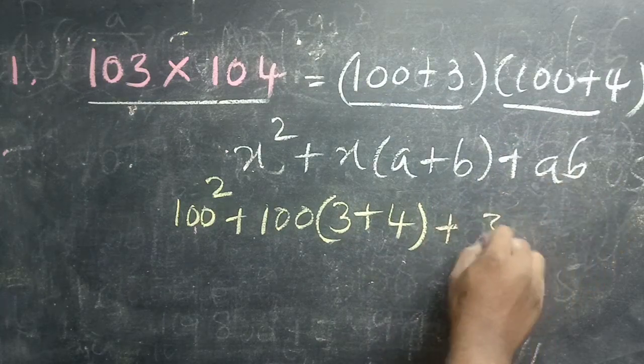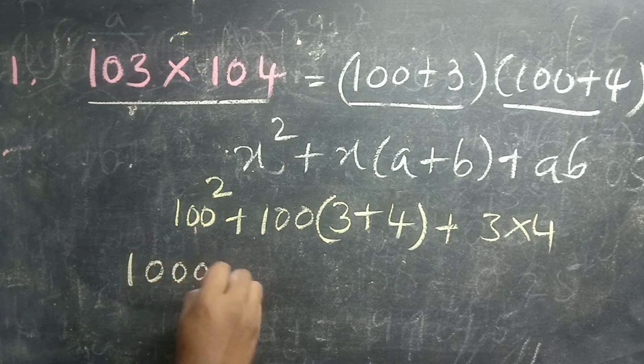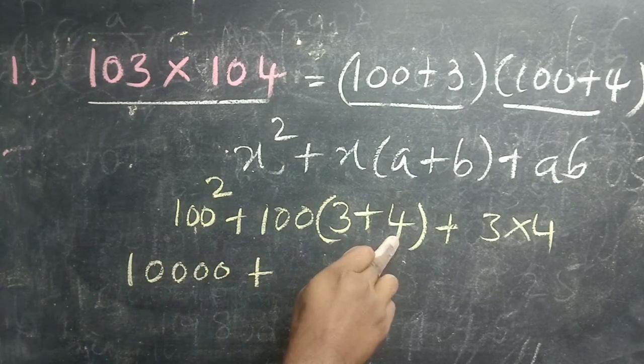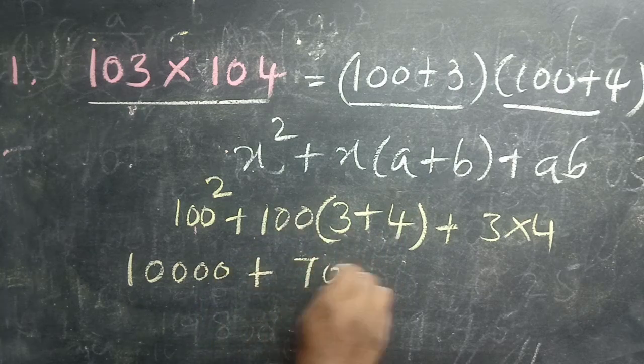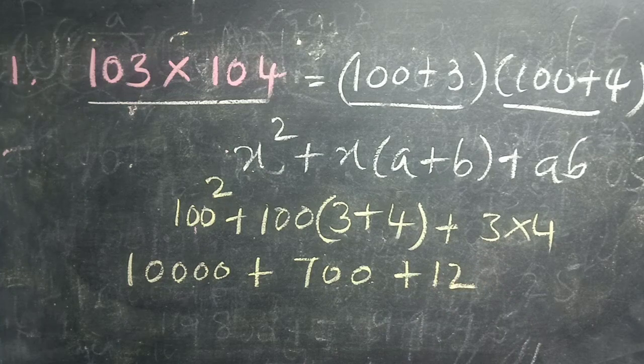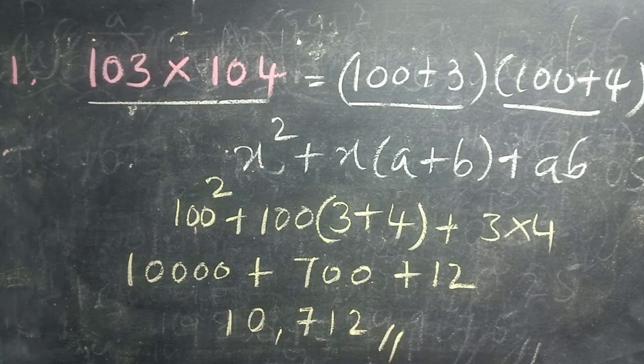Now, 100 square is 10,000, plus 3 plus 4 is 7, 7 times 100 is 700, plus 3 times 4 is 12. Now, what I get is 10,712.